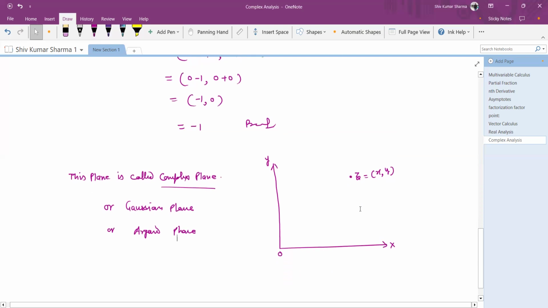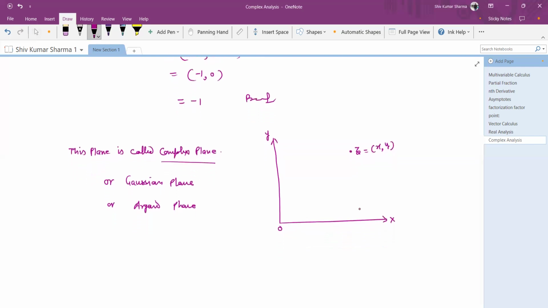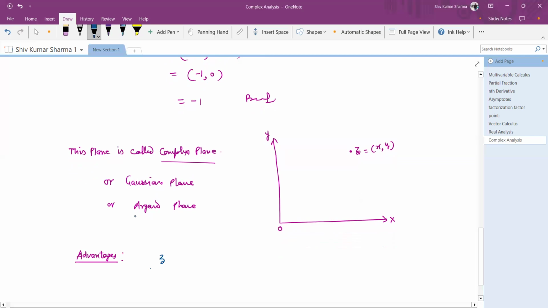So now what are the advantages of this? For writing the advantages, z we can represent by a point. So we write down: z is represented by a point.